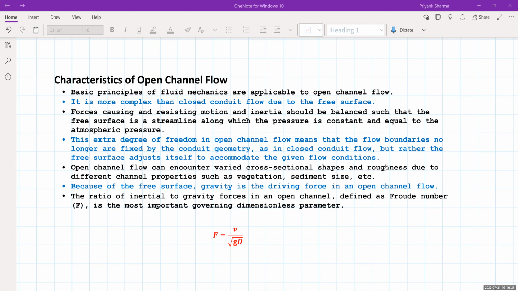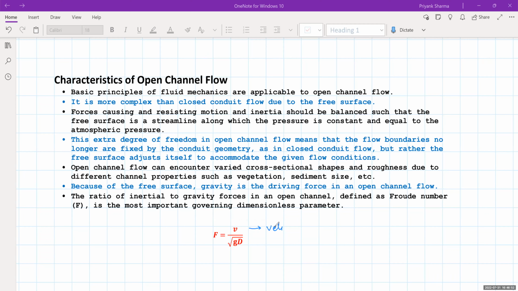So it is defined by a dimensionless parameter, that is Froude number. That is the ratio of inertial to the gravitational forces. The inertial forces are represented by the velocity. So here F equals V upon root GD.